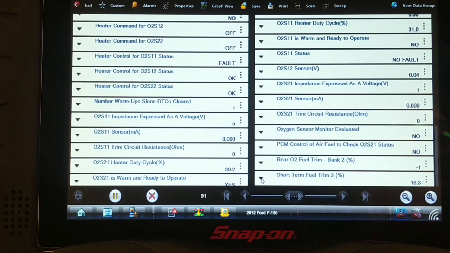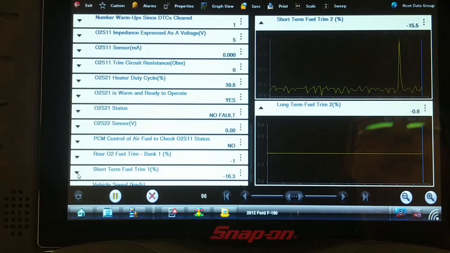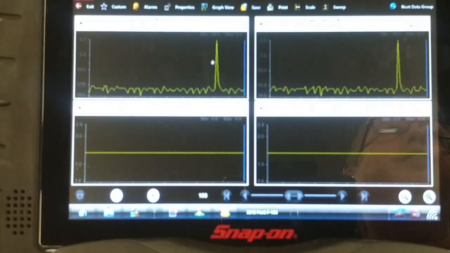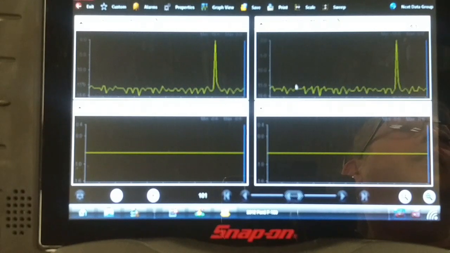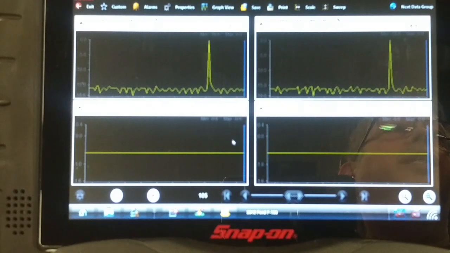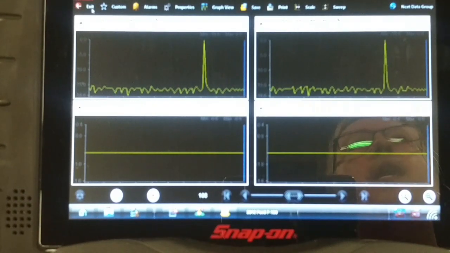Short-term fuel trim on bank 2 is at negative 15%. Let's see what it is on bank 1. Short term is at negative 17 and negative 17. That's interesting. Well, I think we're going to change out that sensor like I suggested and go from here.